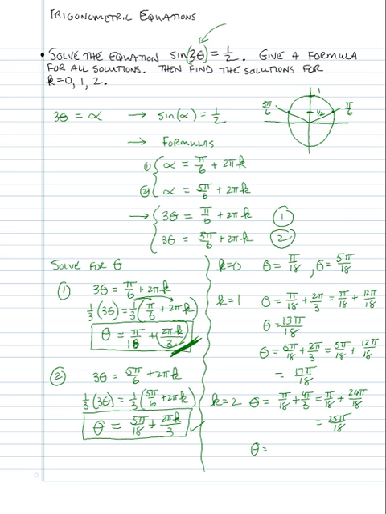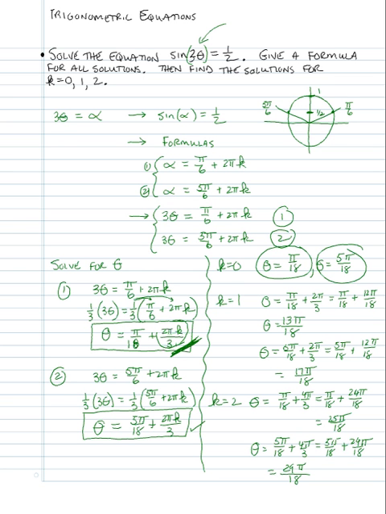The second formula would give us theta is 5 pi over 18 plus 4 pi over 3 in a similar fashion. And that's 5 pi over 18 plus 24 pi over 18, which of course is 29 pi over 18. So using those 3 k values, we get 6 solutions, 3 for each formula.